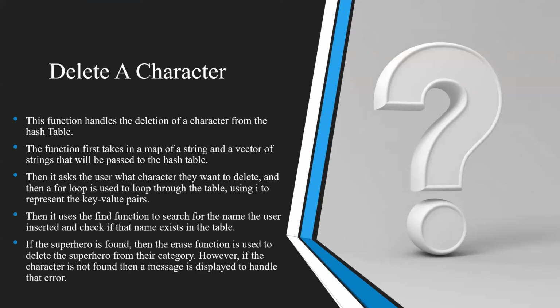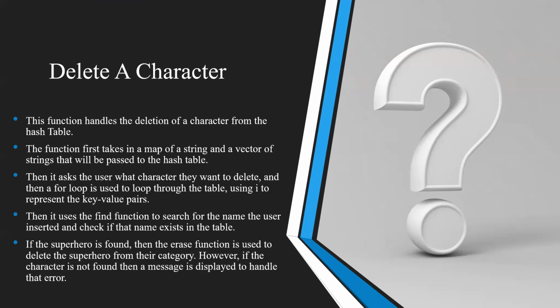And then the next function I did was the delete character function. This handles the deletion of a character from the hash table. The function takes in a map of a string and a vector that will be passed to the hash table, and then asks the user what character they want to delete. It uses a for loop to loop through the existing hash table, using i to represent the key-value pairs.